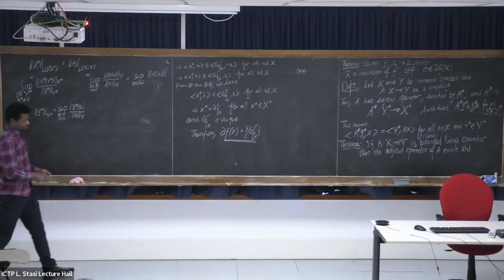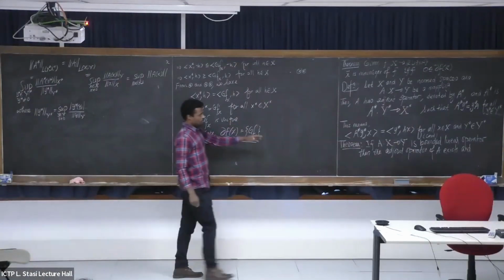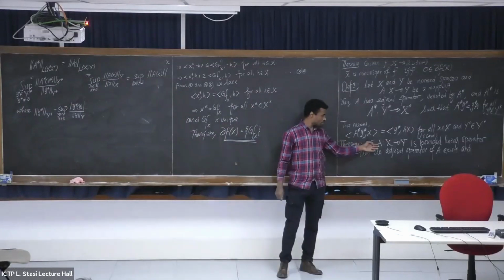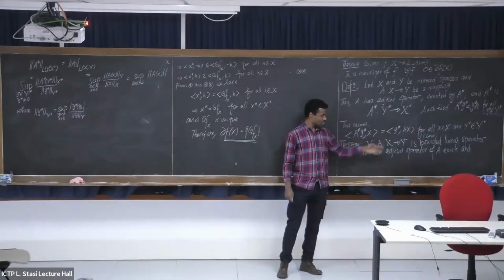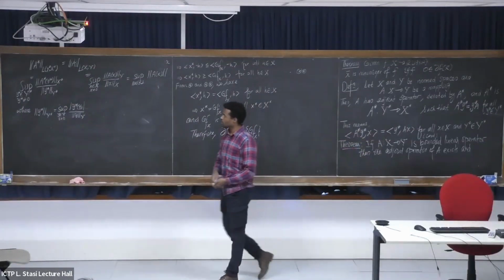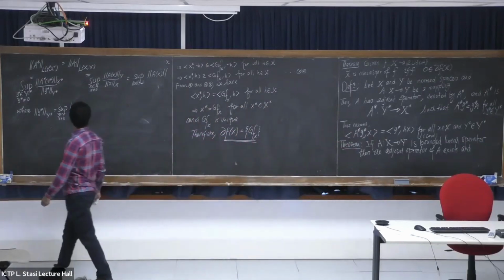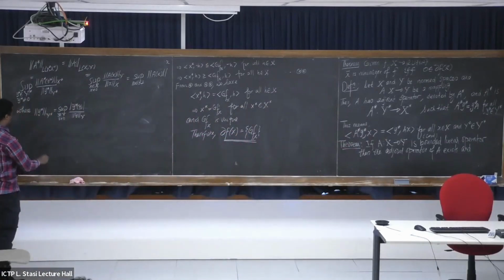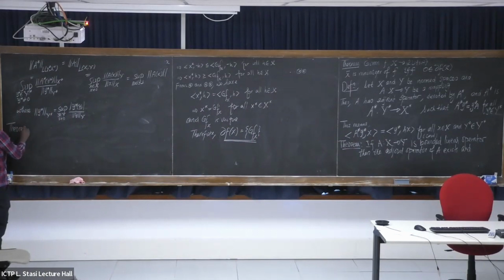So amazingly, if the mapping is a bounded linear operator, the adjoint exists and satisfies this. Why I did this is that I will discuss the subdifferential calculus: what will be the subdifferential of the sum of functions?